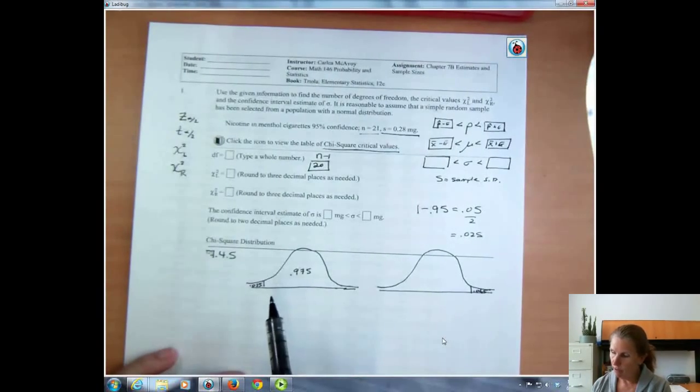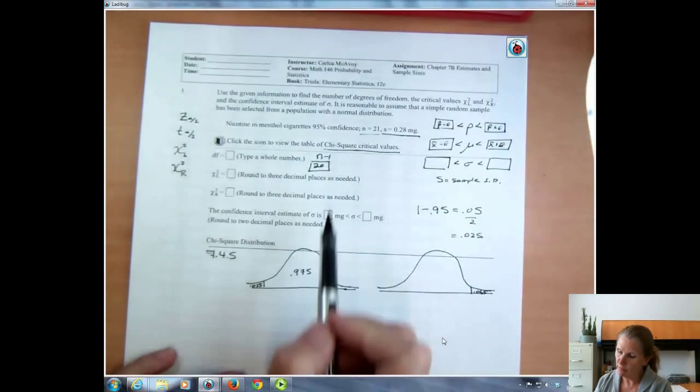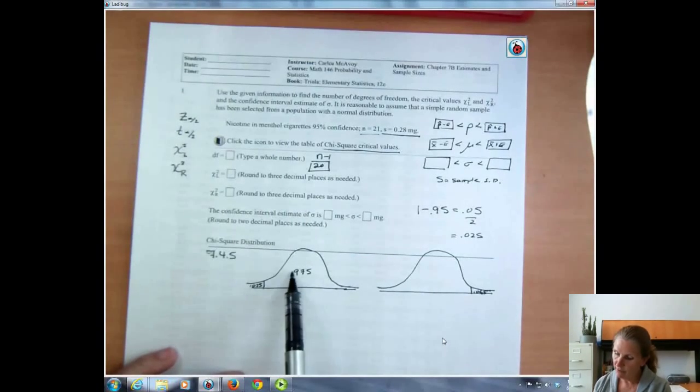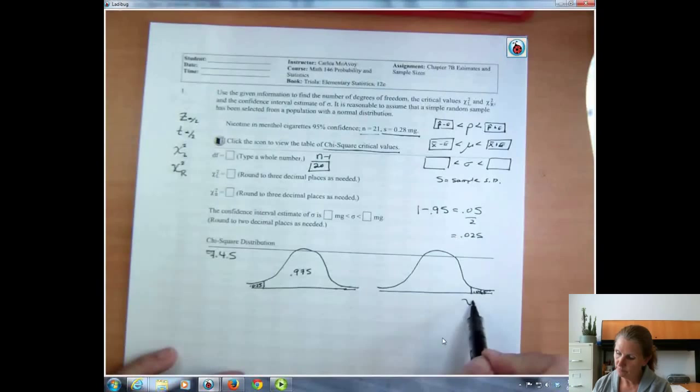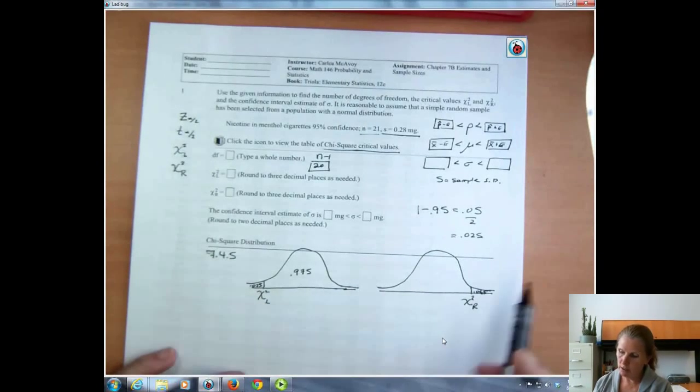I know that I have 20 degrees of freedom. For the left one, I have an area of 0.975 to the right, and for the right one, I have an area of 0.025 to the right.